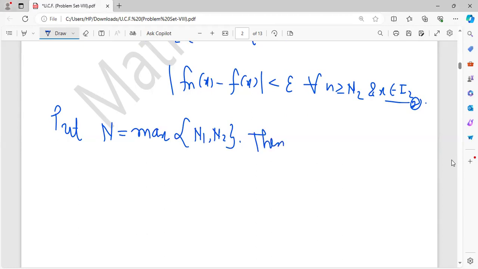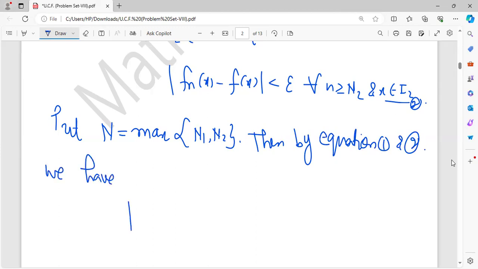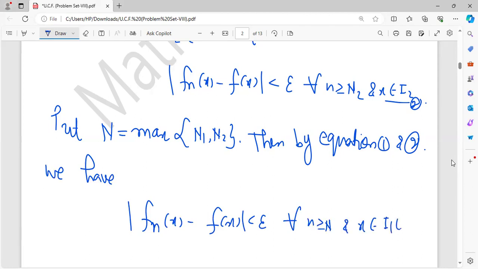Then by equations 1 and 2, we have |fn(x) - f(x)| less than epsilon for all n greater than or equal to capital N and x belonging to I1 union I2, because I am taking the maximum of N1 and N2.